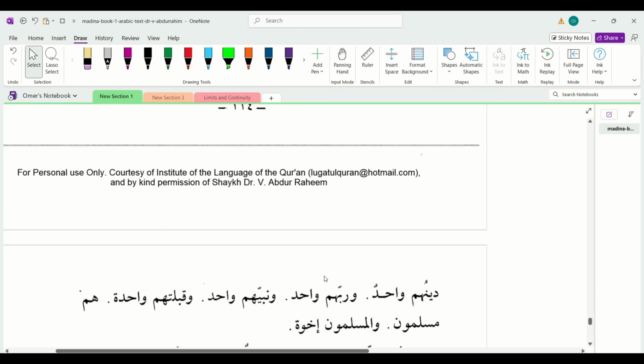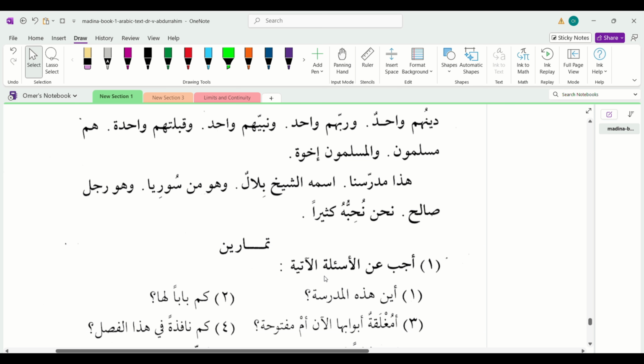But their religion is one. وربهم واحد. And their Lord is one. ونبيهم واحد. And they believe in the same last messenger. وقبلتهم واحدة. And they have the same qibla, the same direction of prayer. هم مسلمون. They are Muslims. ومسلمون إخوة. And Muslims are brothers.